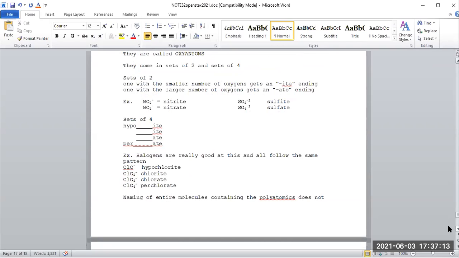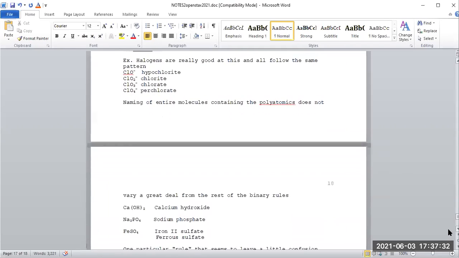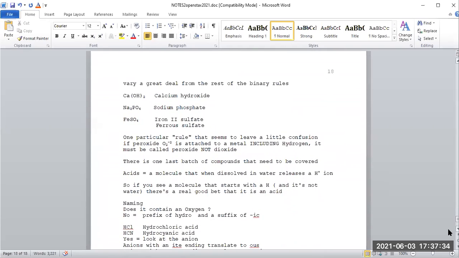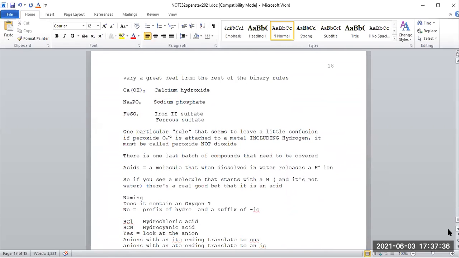So the charge actually has no effect upon the name. It has to do with the number of oxygens in the pattern. Naming of polyatomics really is a lot of memory, or a lot of interpreting how to apply the data.